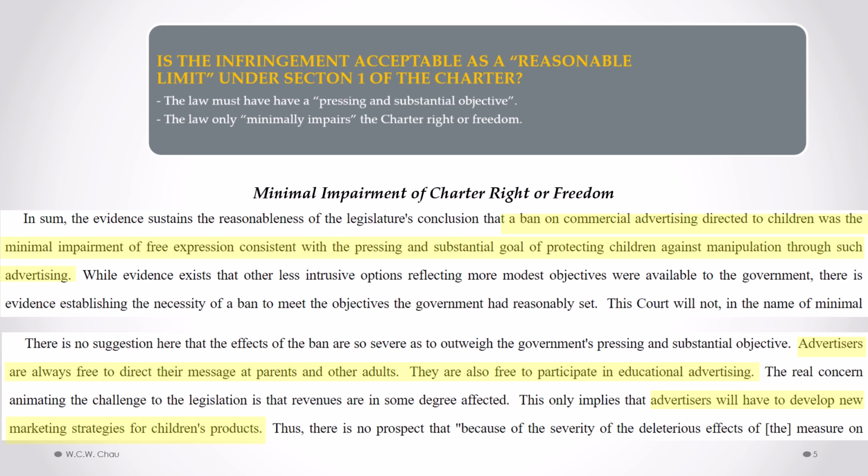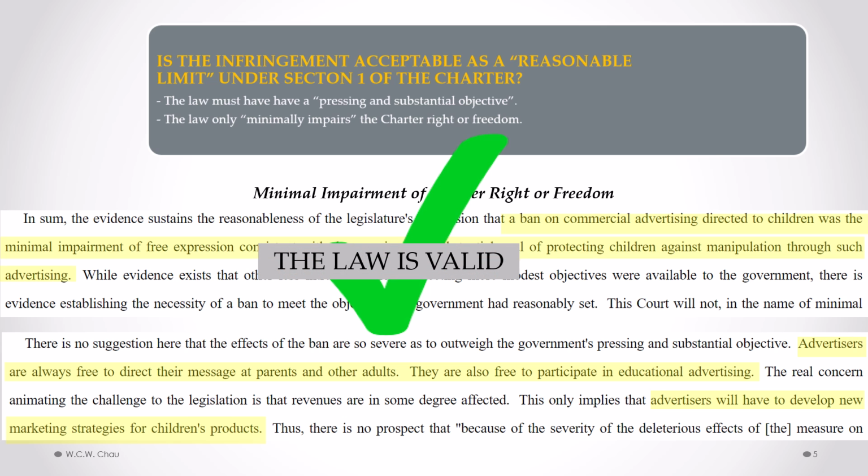So the court is essentially saying, just because you can't advertise directly to children, you can still advertise to their parents and convince them to buy your toys for their kids. And so therefore, this is only a minimal impairment of your freedom of expression. So the conclusion to that question is that it is a reasonable limit. That Quebec law is only a reasonable limit of freedom of expression, and therefore that Quebec law is considered to be valid.